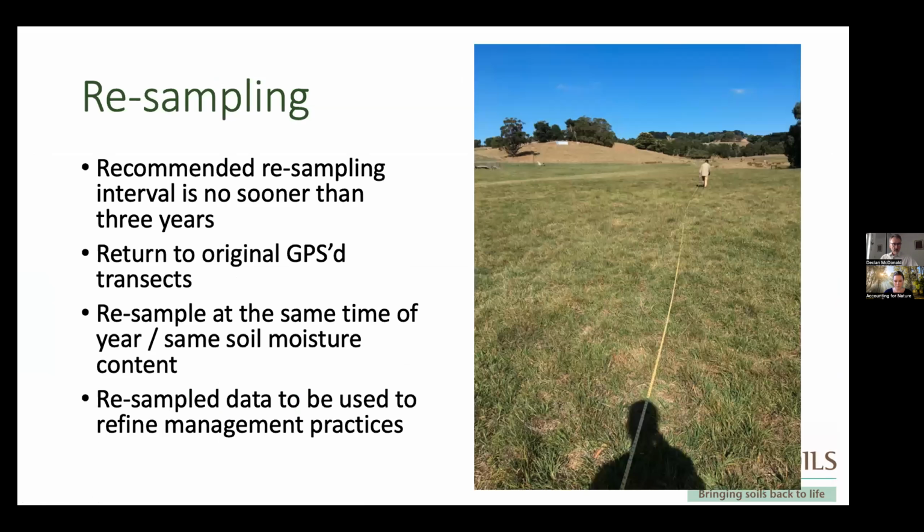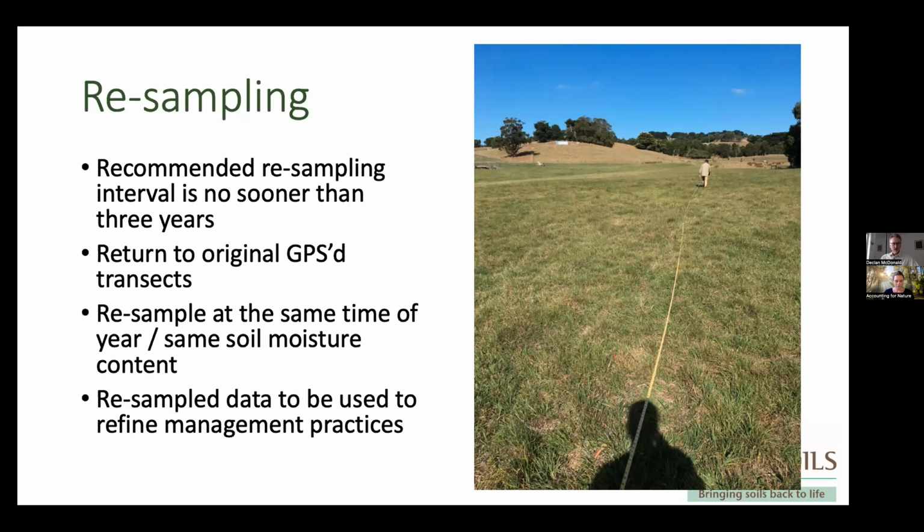And then finally, resampling is recommended no sooner than 3 years. And this is really just simply because soils change slowly. If we were to resample a year later, we might pick up changes in ground cover quite quickly, and that may be a reflection of whether we're in a La Nina or an El Nino, for example.